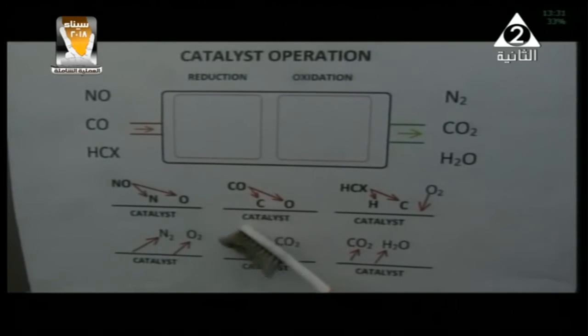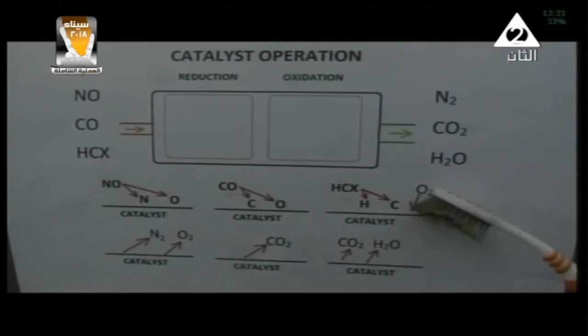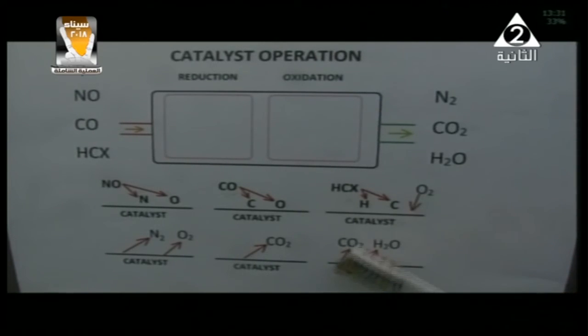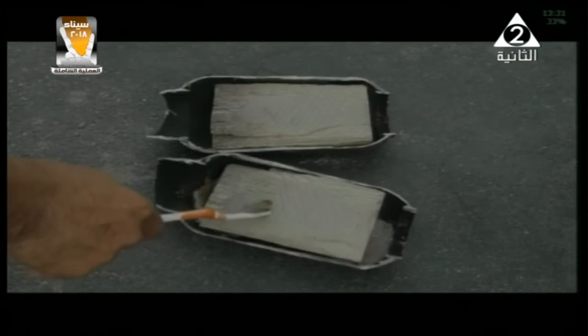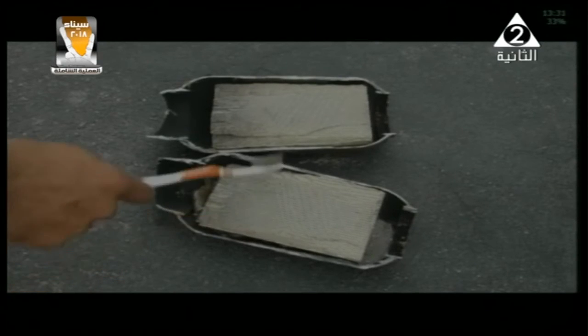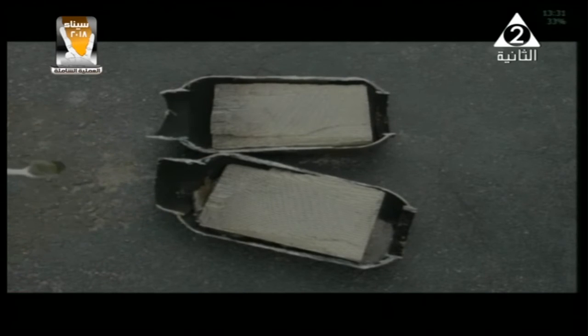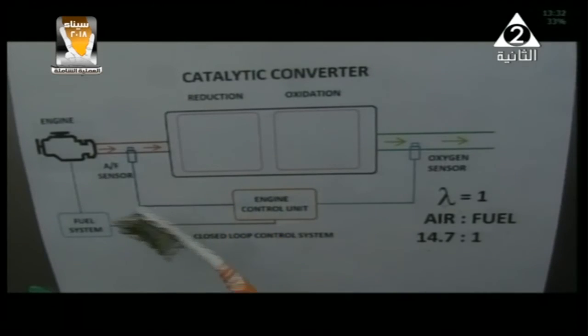The catalyst tries to decompose them into N2 and O2. Useful ones: CO2, good. CO2 and water, excellent. So the harmful gases change into useful gases. All of this occurs inside where? Inside these ceramic cells.